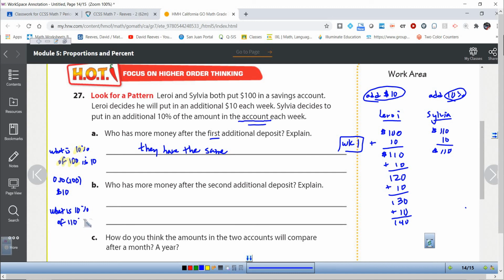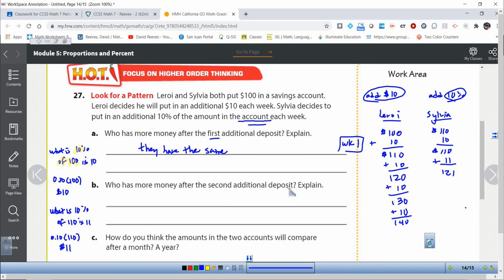Well, guess what it is? It's not 10 anymore. Now it's 11. Because now we're doing 0.10 times 110, and that turns out to be 11. So she's adding $11. So instead of 120, now she has 121.